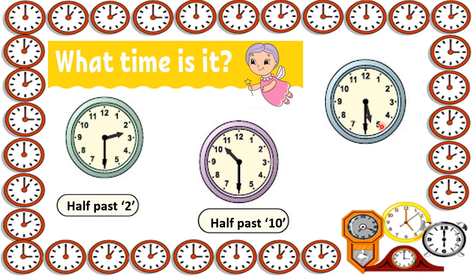Yes, it's pointing in between number 5 and number 6. So that means, what is the time there? Yes, the time is 5:30. You can say 30 minutes past 5.